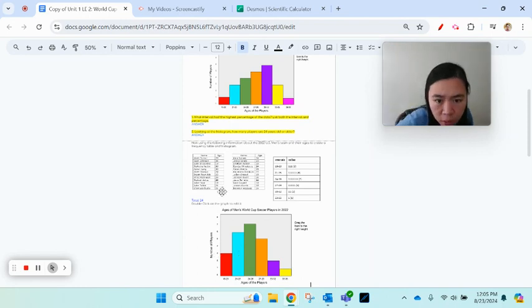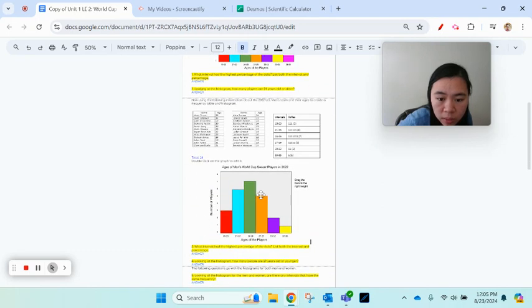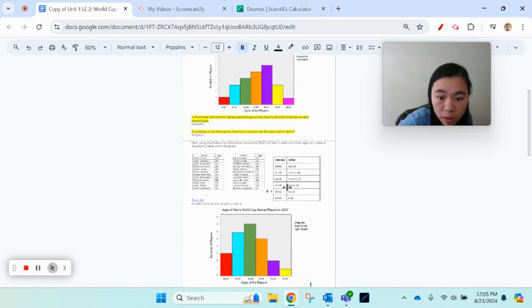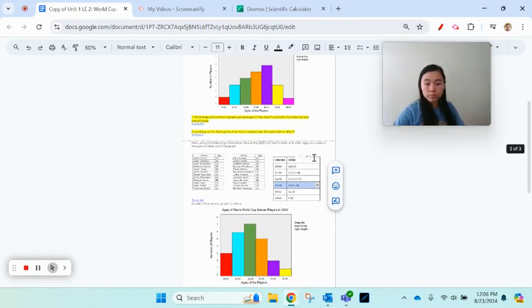Is orange the same? See, orange in the women's is 5. Orange in the men's is 5. Okay, so our fourth category here, our men's and women's team have the same number of players between, what is this interval? 27 and 29 years old.